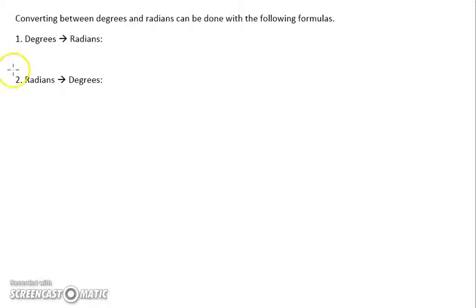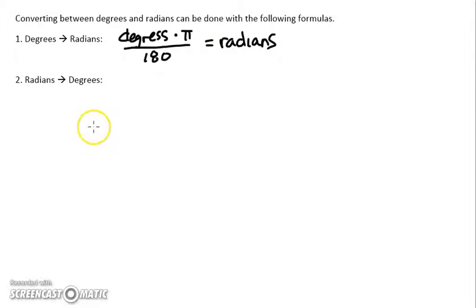If we're going to convert from degrees to radians, so you guys are very familiar with degrees, we say degrees times pi divided by 180 gives us radians. And to go from radians to degrees, we say radians times 180 divided by pi equals degrees.